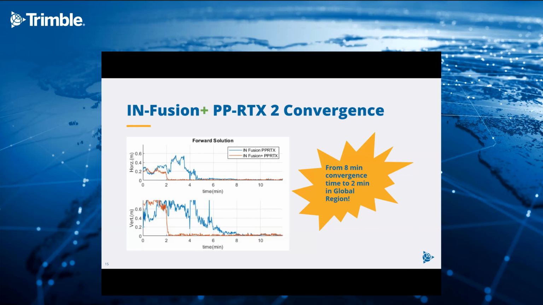The orange line presents PP-RTX2 processing. You can see that we have a significant convergence time improvement. It basically goes down from 8 minutes to 2 minutes in the global region. So that makes the new PP-RTX2 processing mode suitable, again, for short uncrewed airborne missions in both the global region and the fast region.